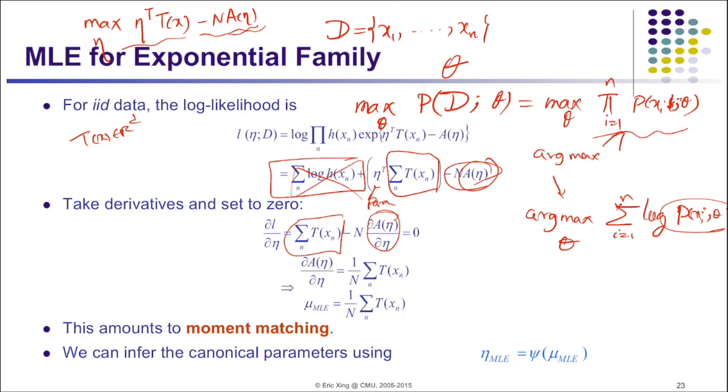So at the optimum, what we are saying is that the mean of the distribution under the parameters should be equal to the empirical mean. And that's all you need to do. Not only do we know that it has a unique solution, we know it's actually a very simple solution. You just take the empirical mean of your sufficient statistic, set the mean of your distribution to that, and you're done. You don't need to do any numerical approximation.